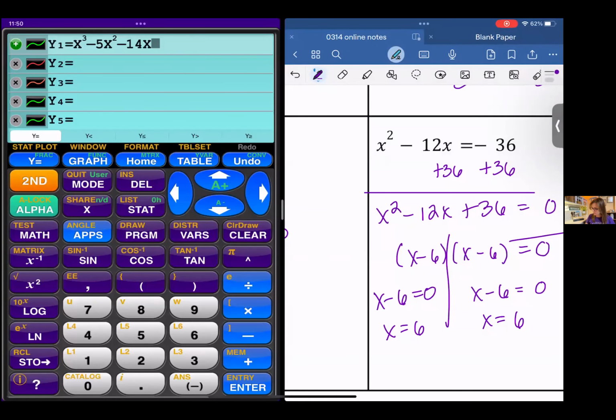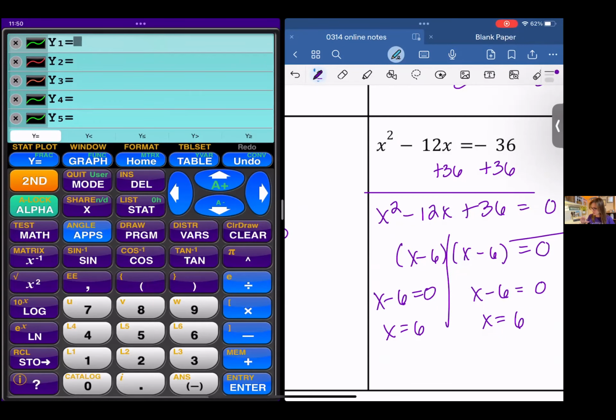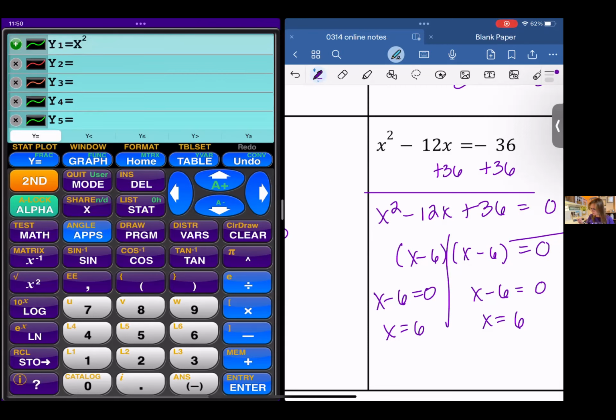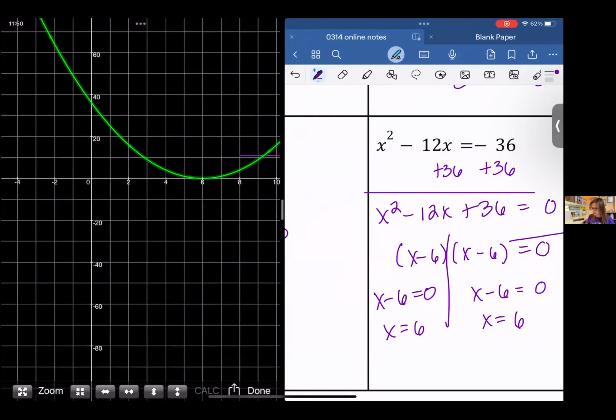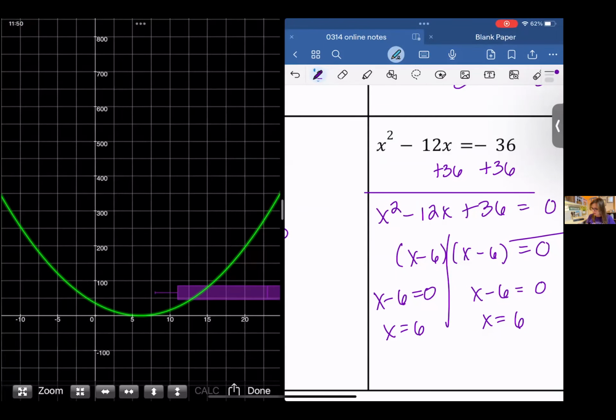So I'm not going to put in the original equation. I said in the previous example, put in the original equation, but it's equal to -36, and that's not how the calculator works. I'm going to put the second one in, x squared minus 12x plus 36. Make sure you type it correctly. Go to graph, and that's how you can see.